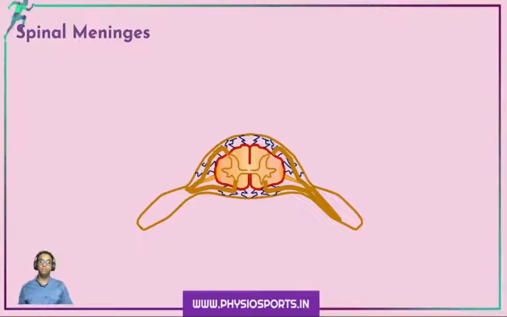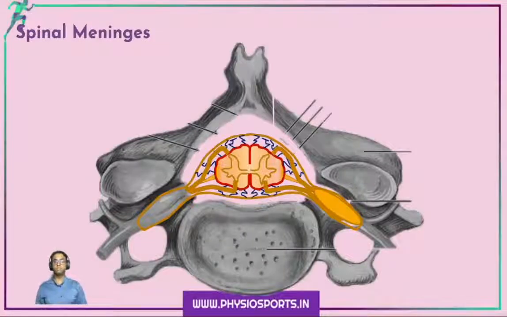Now, the space between the dura mater and the bony ring of the intervertebral foramen is known as the epidural space, and this space is filled with adipose tissue and blood vessels. Please note that the entire spinal cord is freely suspended in a sac-like structure. The pia mater is attached to the dura mater by denticulate ligaments.